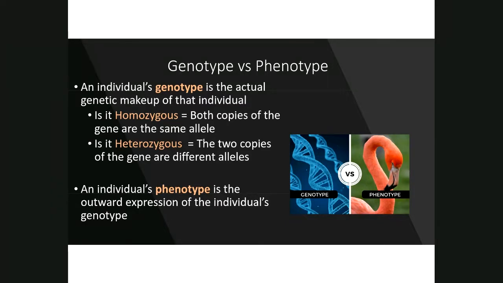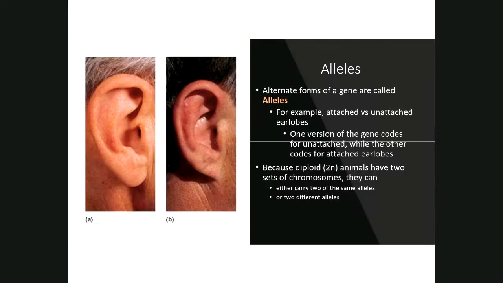For example, what is the genotype for this condition with the earlobes? Are you recessive and have attached earlobes? So in that case, you have two copies of the recessive allele, or do you have two different copies, or do you have two of the same dominant alleles?